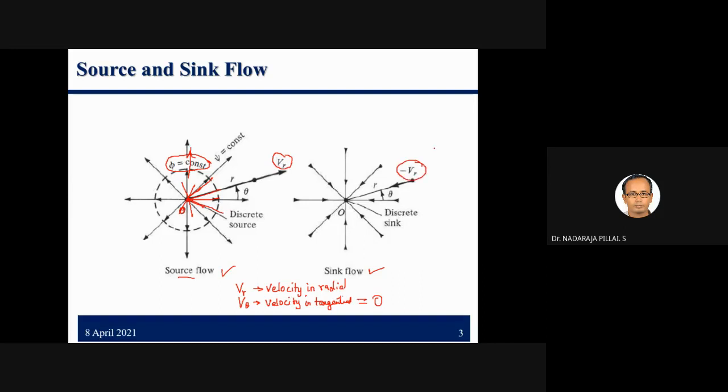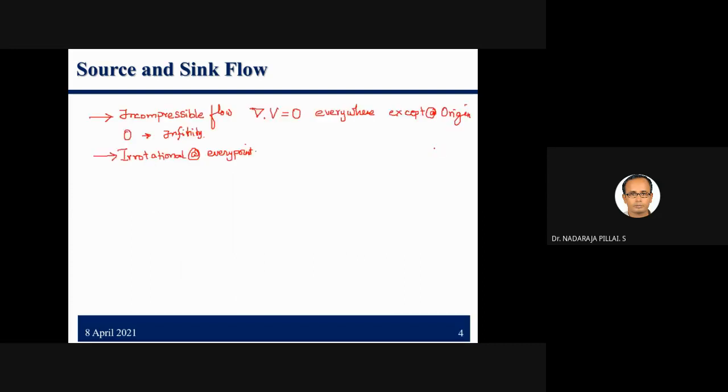Now let us consider the source and the sink as a discrete source and discrete sink. The source flow has del dot V equal to 0 everywhere except at the origin, and at the origin it is infinity.